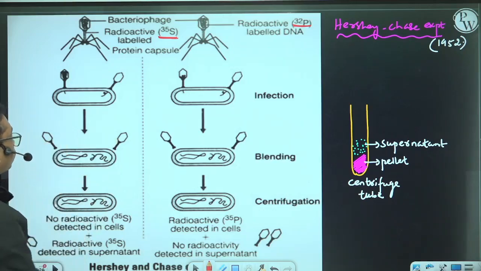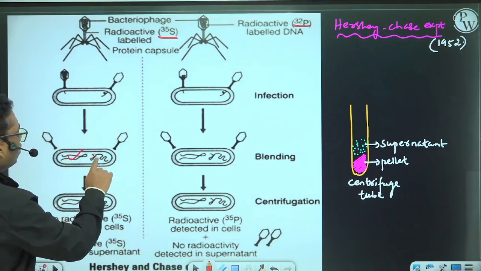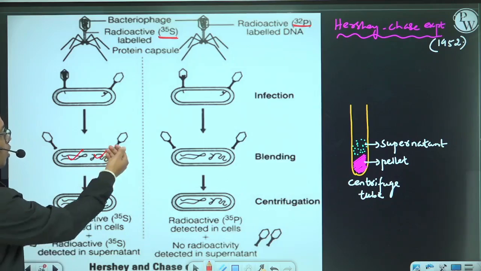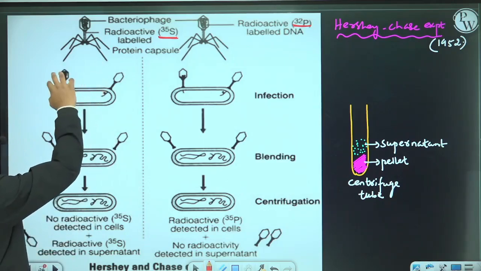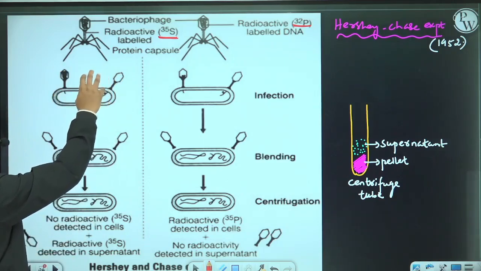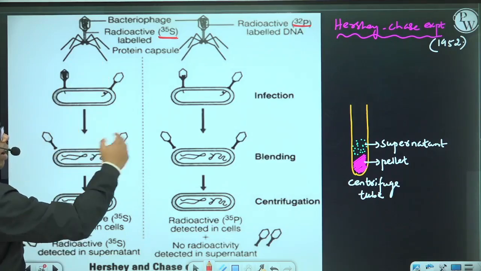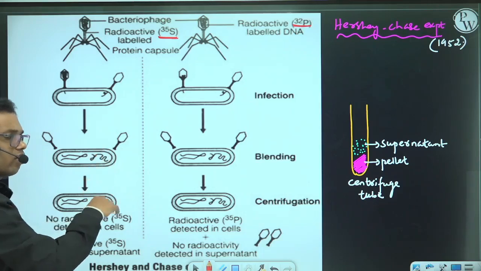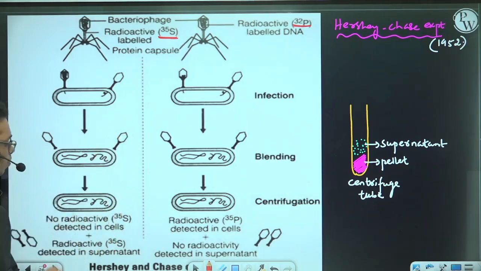Suppose both of these are DNA from bacteriophages. So initially they allowed the bacteriophages, that is the viruses, to infect the bacterium. Then they blended, which helped the bacteria get rid of the viruses.